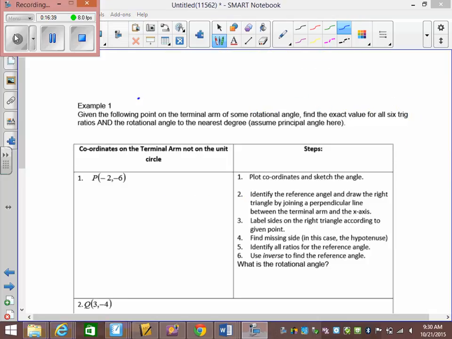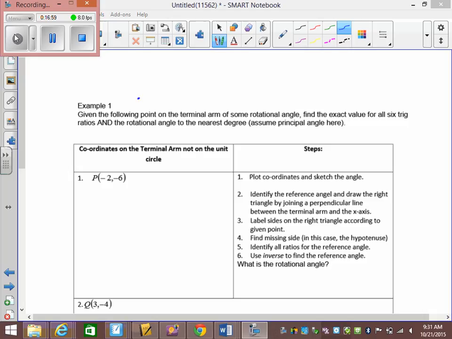Okay, so given the following point on the terminal arm of some rotational angle, find the exact value. Exact value means not decimal. For all 6 trig ratios. So that's sine, cos, tan, cosecant, secant, cotan. You have to find it for all 6.